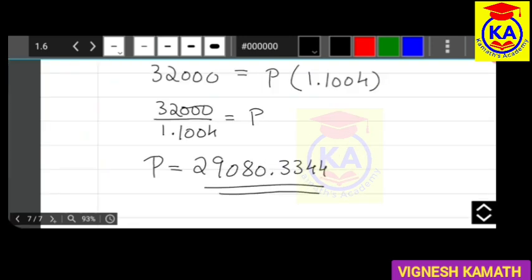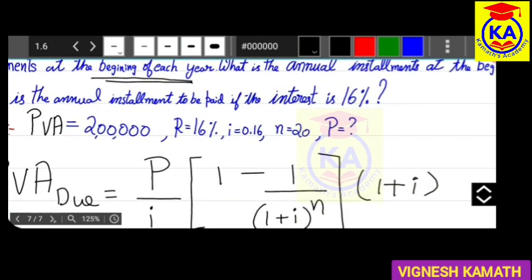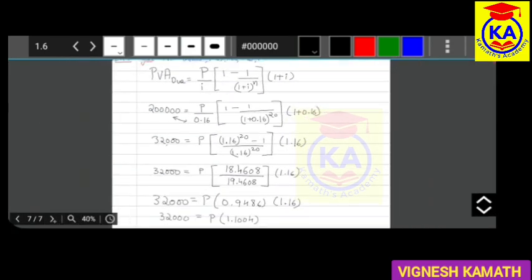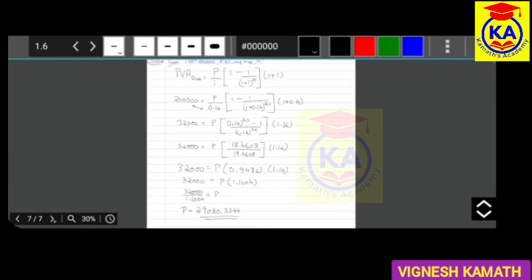So this is the value of the annual installment to be paid. Please note down the solution. I hope the solution is clear to you all.